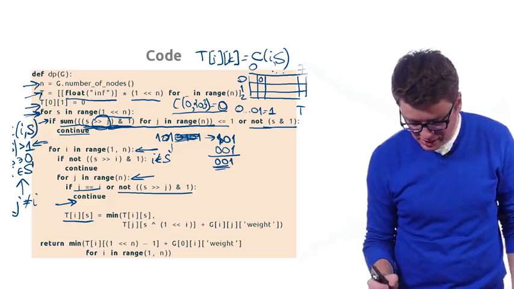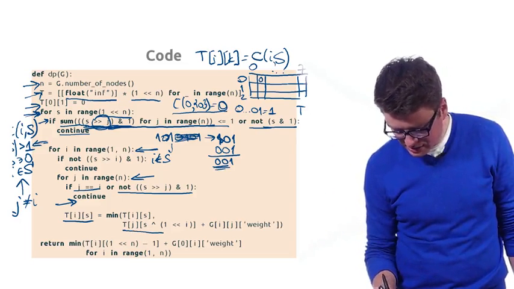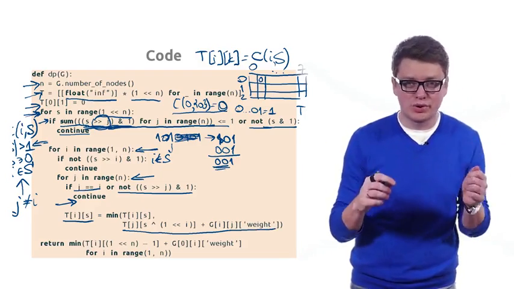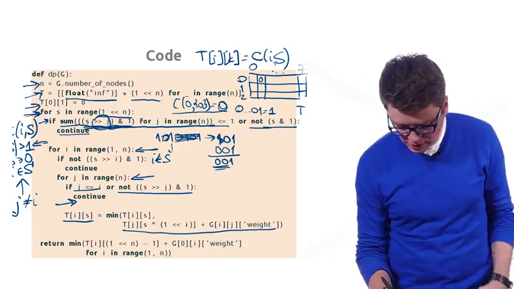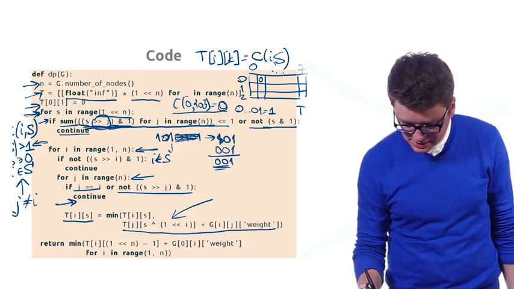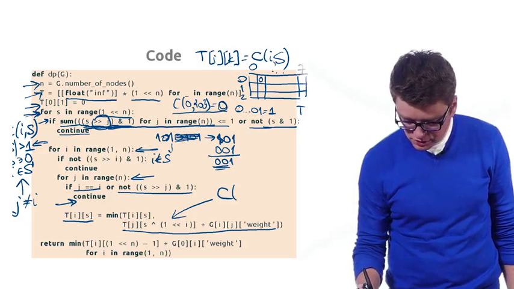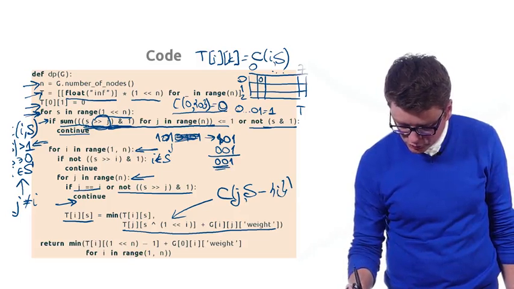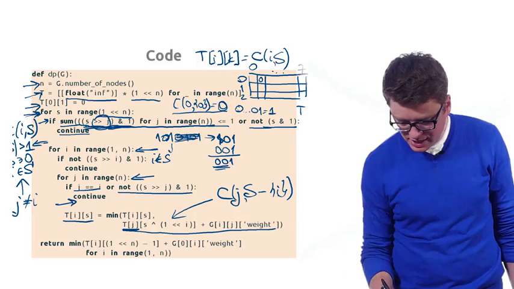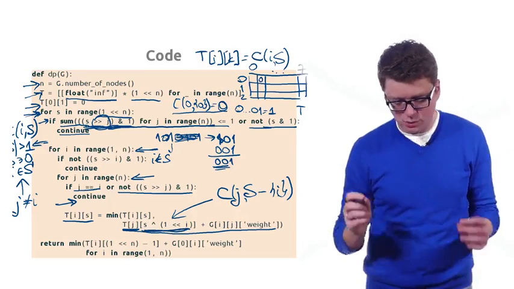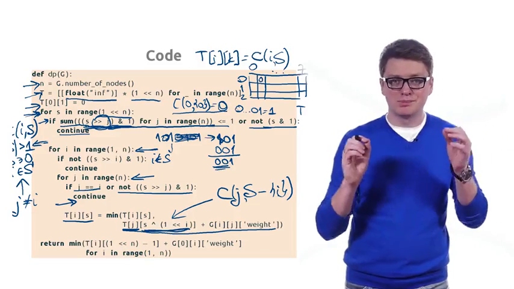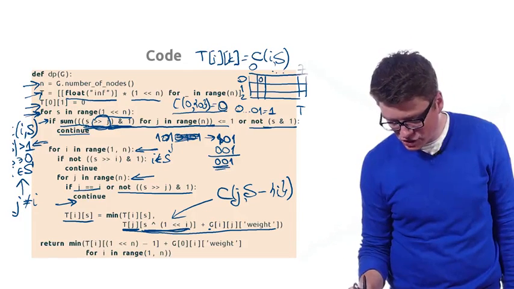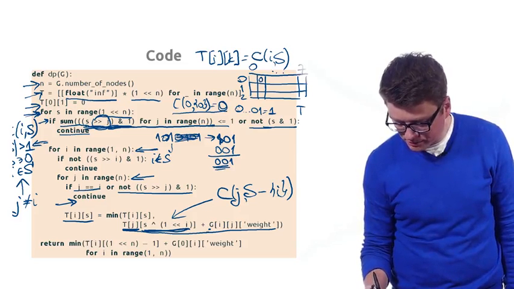Namely, we check whether this expression is smaller than the current value of T[I][S]. And if it is smaller, then we store it in T[I][S]. And recall that this is nothing else than C of j and S minus I, right? Because this is T of j, and this is exactly S with the element I removed from the set S. And what we need to add to this expression is the weight of the edge from I to j, okay?